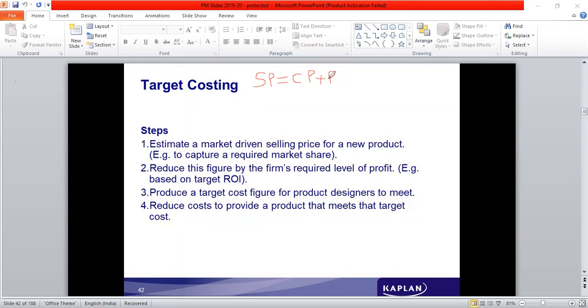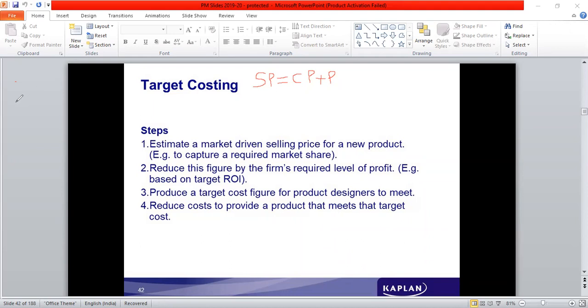So in situations where the competition is quite high and they cannot afford to make a mistake in deciding the selling price, what is the alternative? The alternative is they can take the selling price from the market.